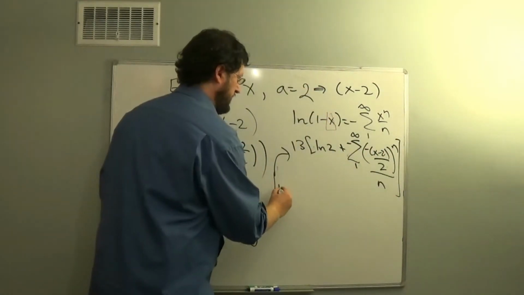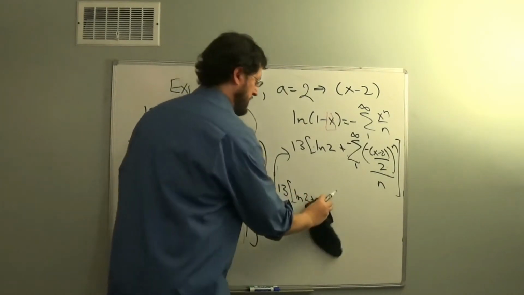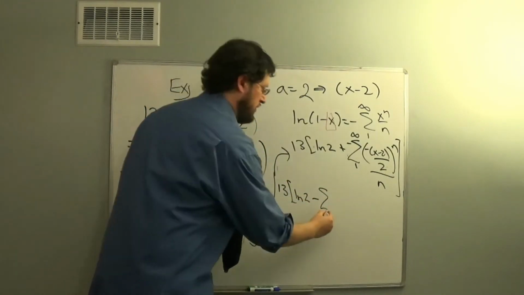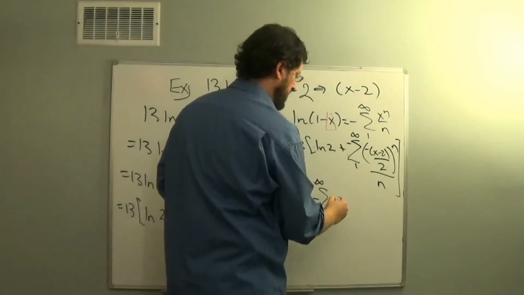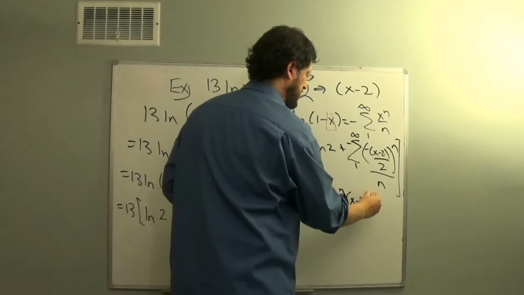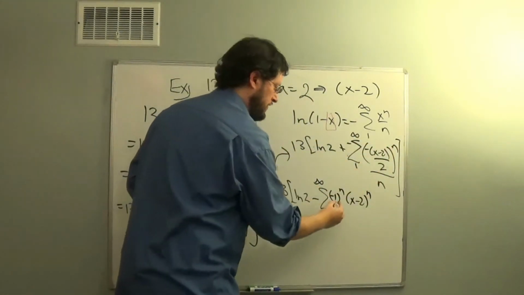So that's 13 ln 2, so that's really now minus sum 1 to infinity, distribute my n, that makes a negative 1 to the n, that makes an x minus 2 to the n, then we have a 2 to the n, and we also have another n in the denominator.